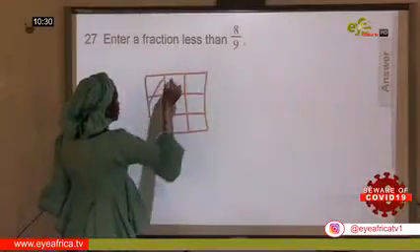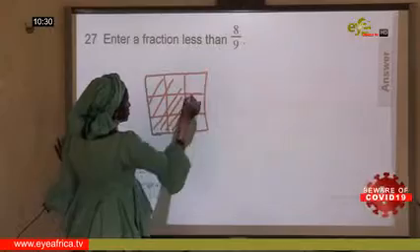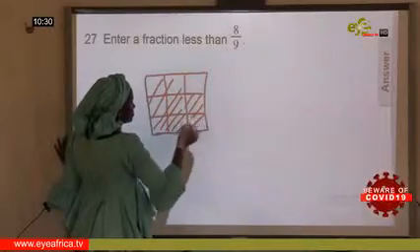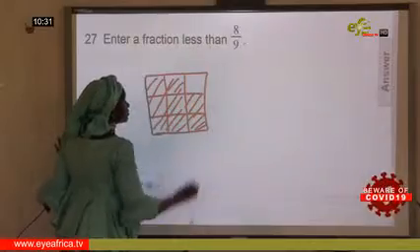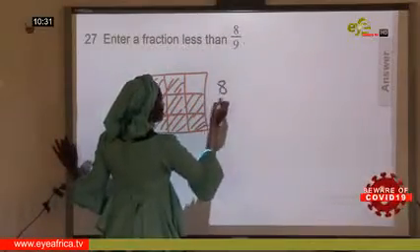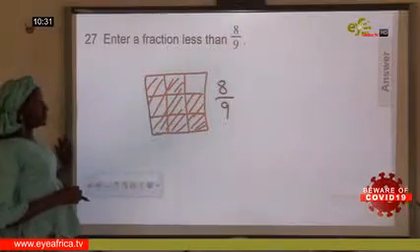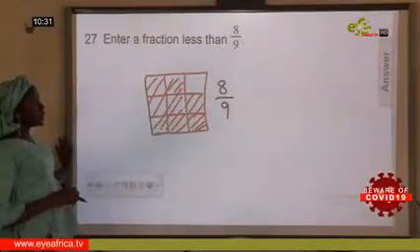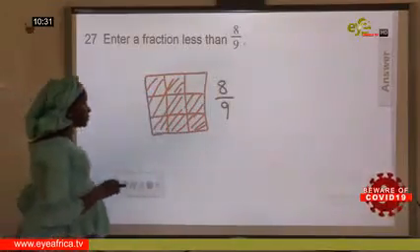If I shade all these portions, I can represent this as 8 over 9. That is 8 ninths. So a fraction less than 8 ninths could be what?